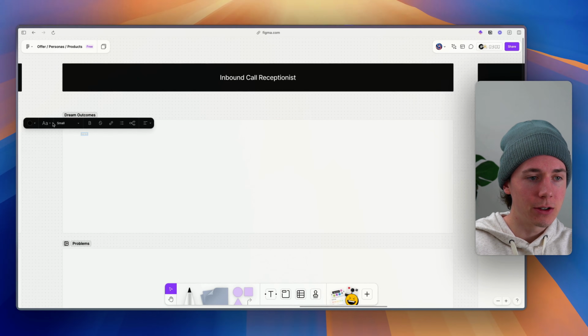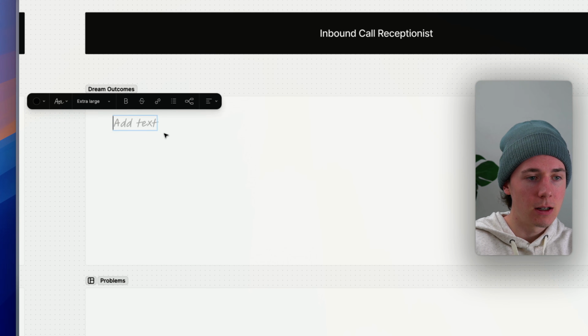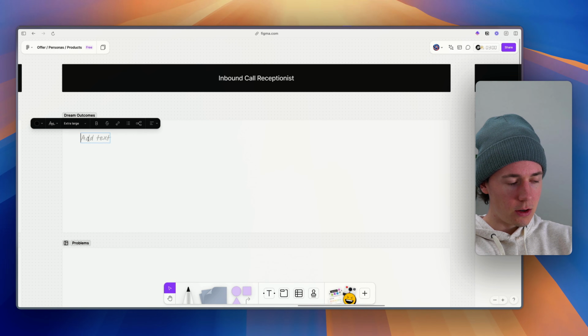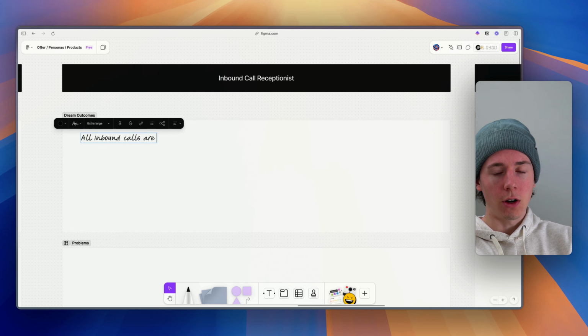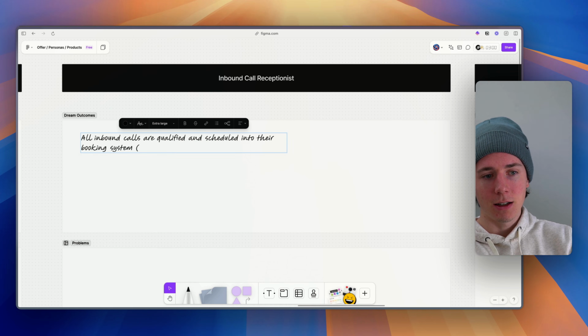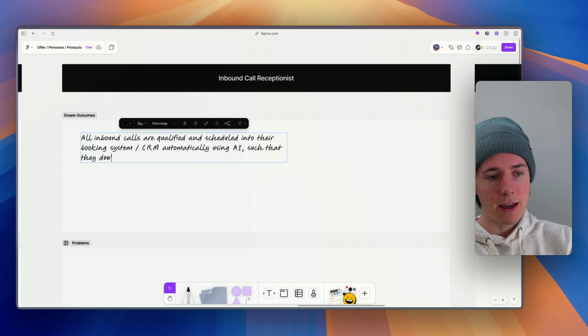I believe the dream outcome here is going to be something like: all inbound calls are qualified and scheduled into their booking system, maybe a booking system or CRM, automatically using AI, such that they don't need to hire an assistant, hire an employee for this role.